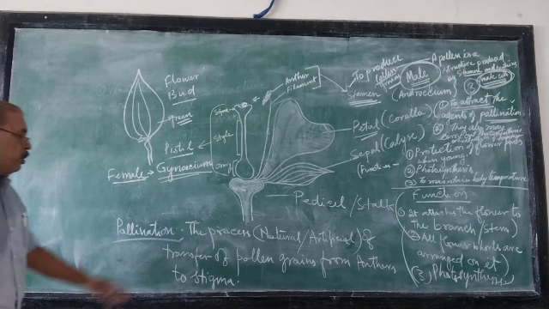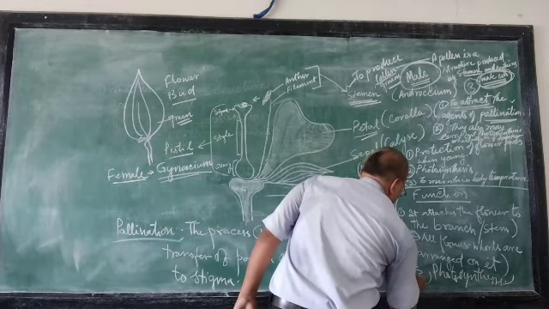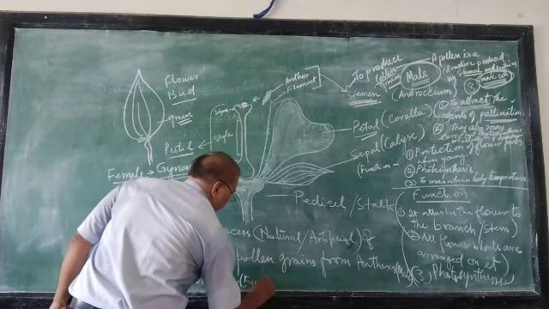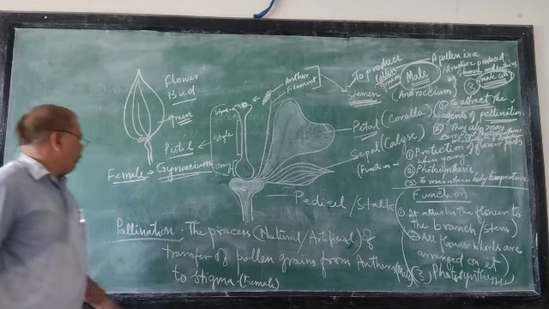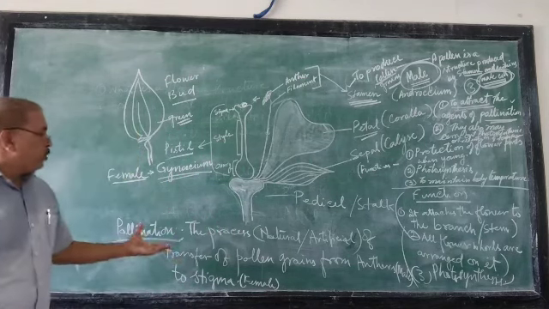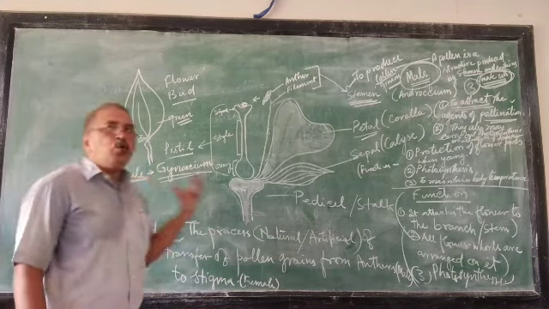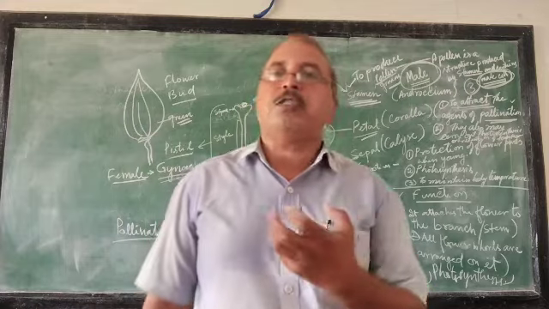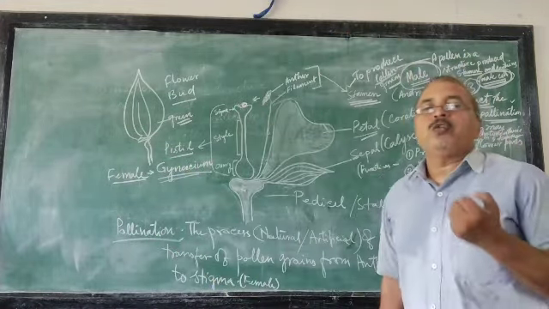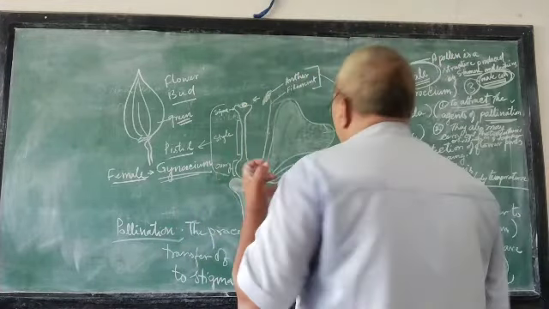Anther is the male part, stigma is the female part. So what is pollination? It is the process of transfer of pollen grains from anthers to stigma, and those who help in this process are called the agents of pollination.